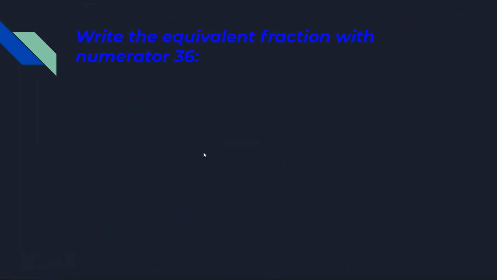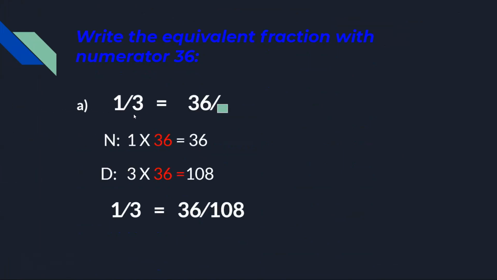Write the equivalent fraction with the numerator 30. In this sum, the numerator is given, 30, and we have to find out the blank space of the denominator. The sum is 1 upon 3 equals 36 upon dash.